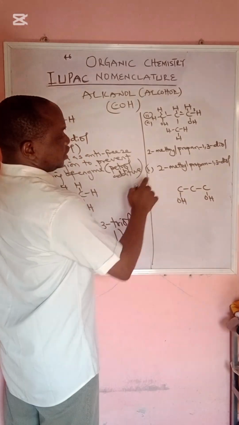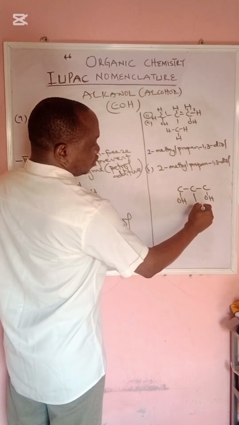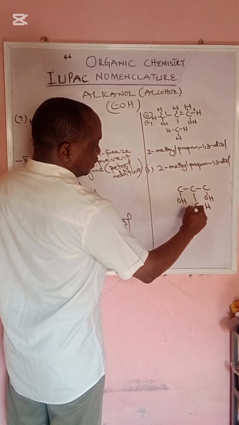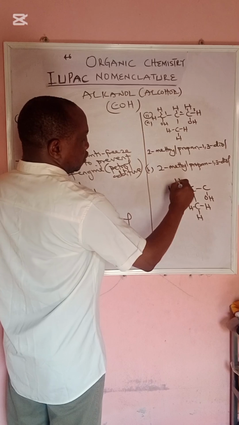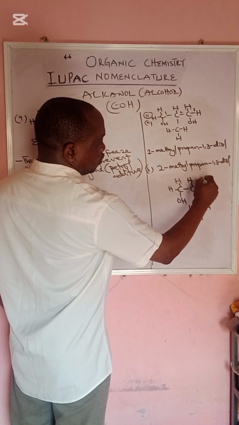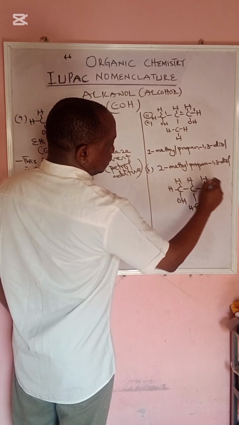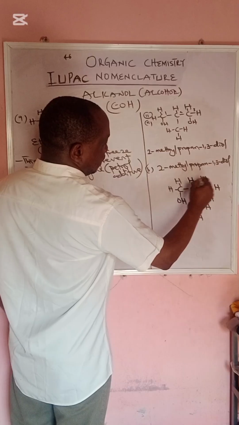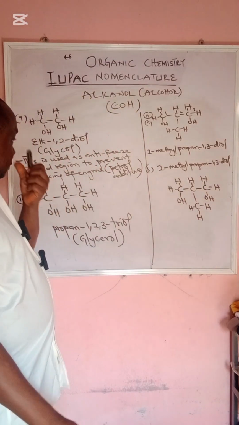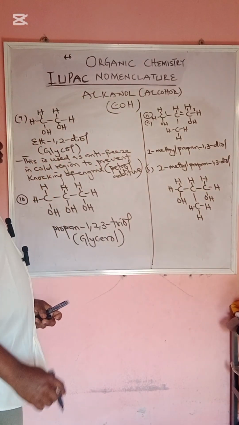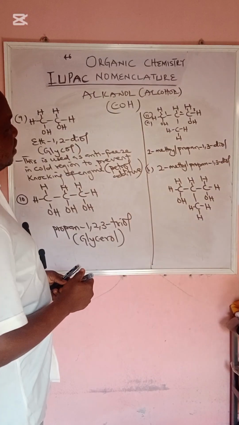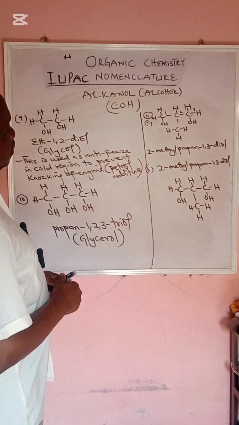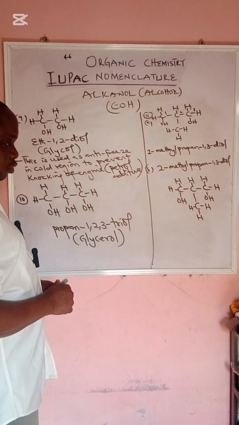Then you have methyl on carbon 2, CH3 is methyl. Then you complete with hydrogen. So that's the structure. You can give it the name. Please take note. That's how to name alkanol. It's very easy and straightforward.